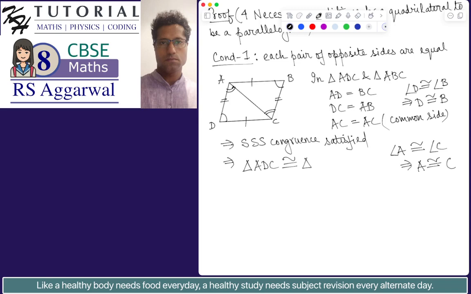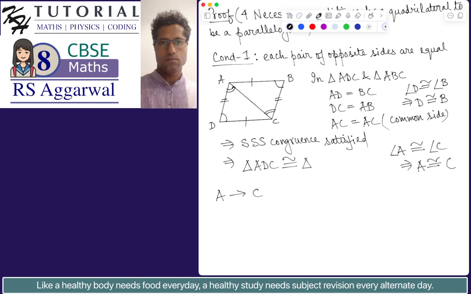So I'm using the right arrow symbol. Clearly the vertex A of triangle ADC has a correspondence with the vertex C of triangle ABC.